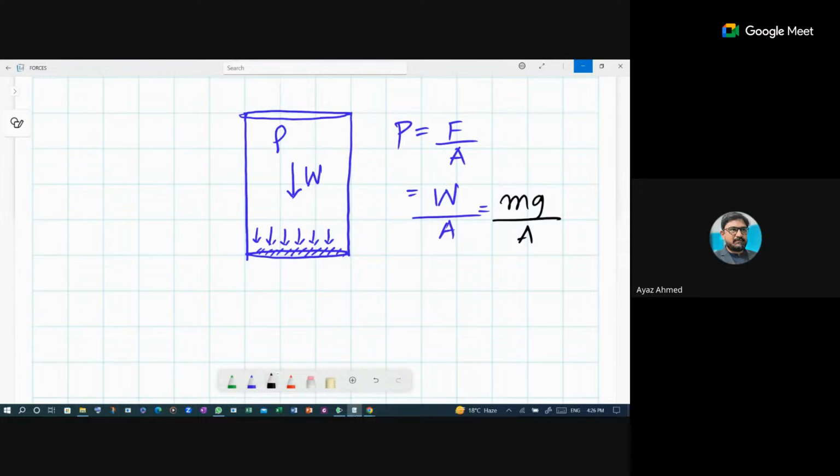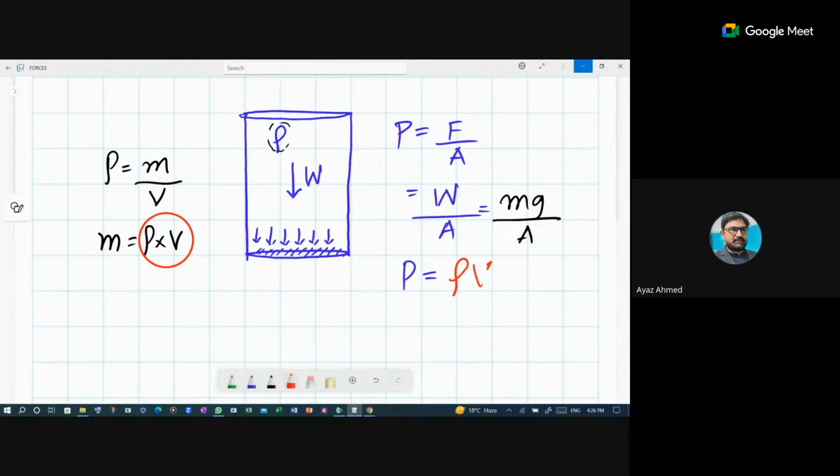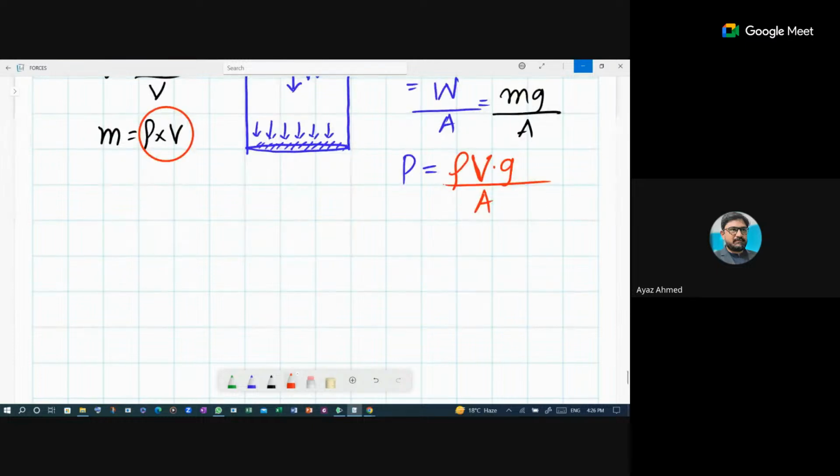Since the liquid has density rho, and density is equal to mass divided by volume, your mass is equal to density into volume. So I can replace this in the equation. The equation becomes pressure is equal to rho into volume into g divided by A. Is it clear?